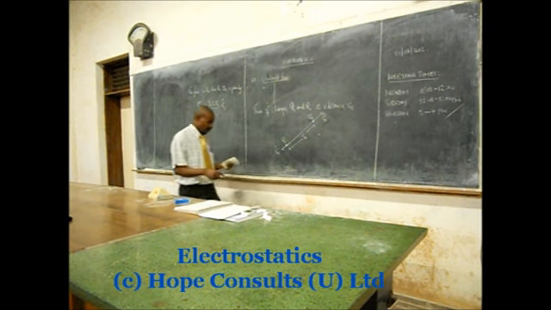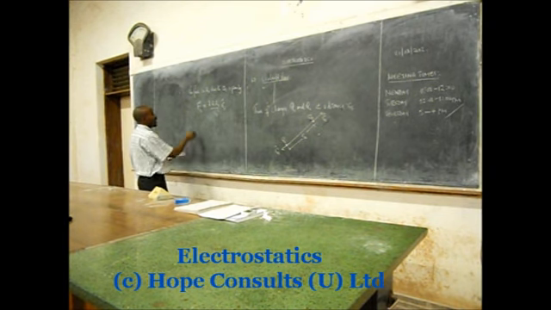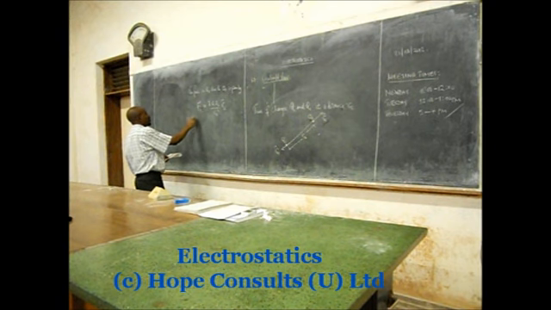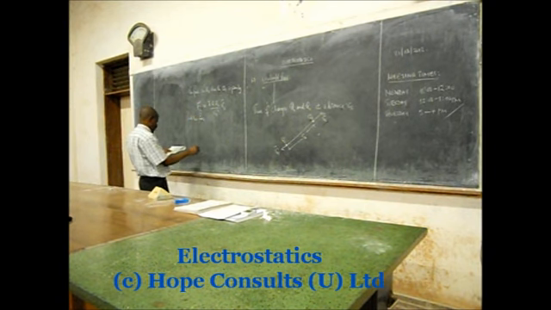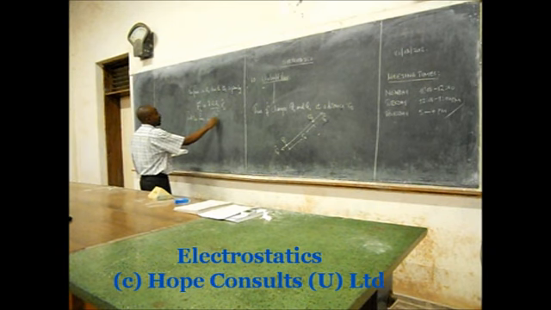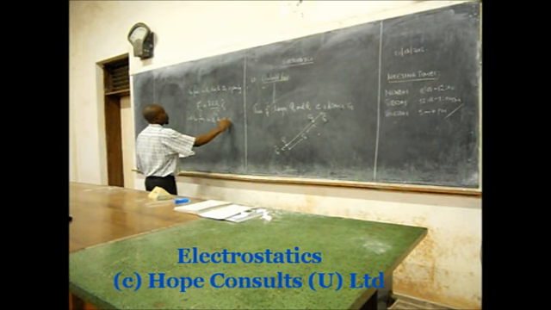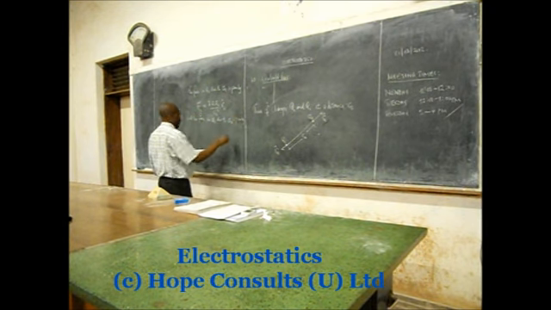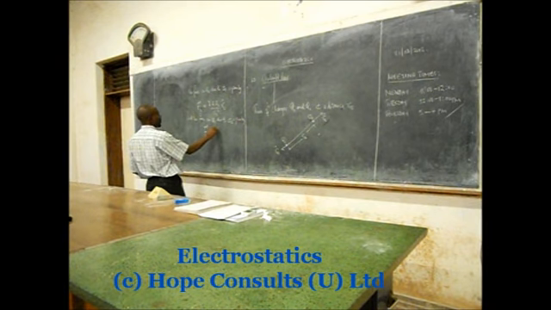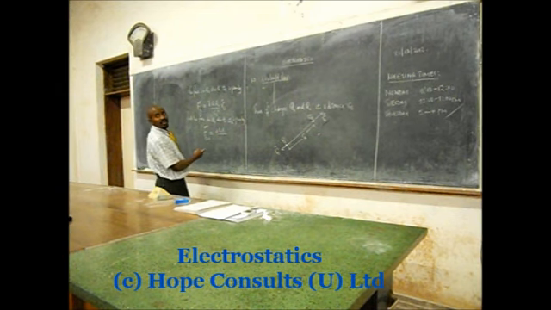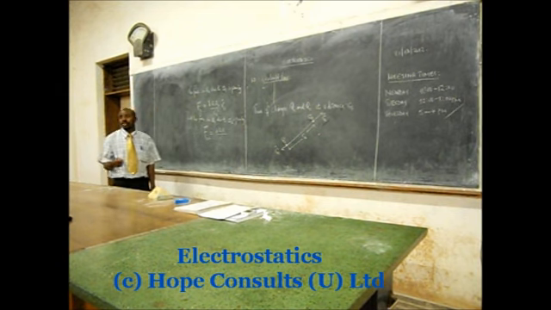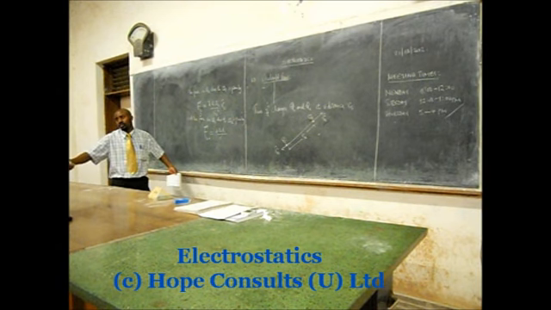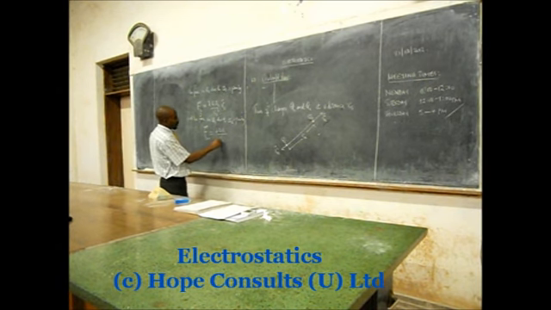And the force on Q1 due to Q2 is given by F12, which would be the same as KQ1Q2 over, it doesn't matter, this is a scalar, whether it is 2, 1 or 1, 2, it is the distance between them, the same. And this will be R12 squared, and this will be R21 hat.